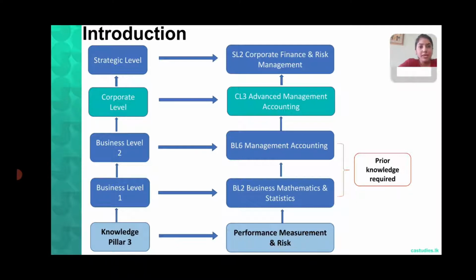Now, based on that knowledge pillar, they've tested your management accounting knowledge in 4 progressive levels, which are business level 1 via the BL2 business maths and stats subject, business level 2 via the BL6 management accounting subject, and then our subject corporate level, which is CL3 advanced management accounting, and then strategic level, which is SL2 corporate finance and risk management.